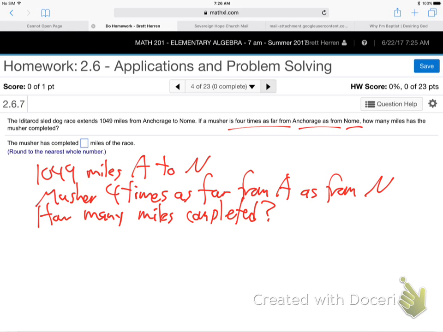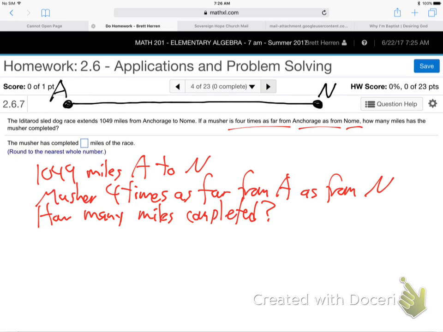So, a little picture might help on this one. Let me draw a picture. So we've got Anchorage and Nome.